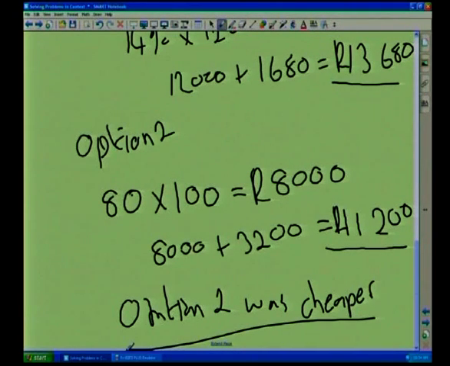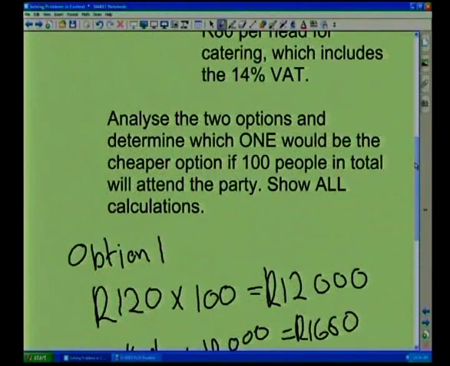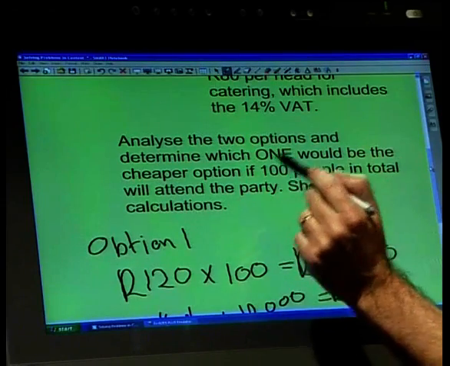Now, many times in the examination, students do all the calculations. They've got option 1, option 2, and the teacher can see that they've done the work. However, what they forget is this last statement to tell them that option 2 is cheaper. Remember, it's no good to not answer the question that's being asked. The question says, determine which one would be the cheaper option.